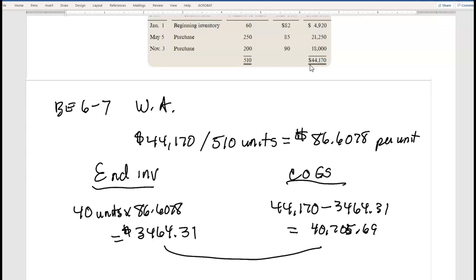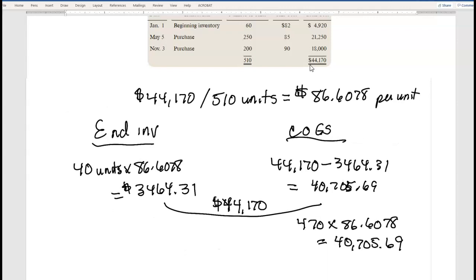Those two together equal $44,170. Or I could simply take the number of units I sold, 470 times 86.6078, and come up with 40,705.69. That's the weighted average.